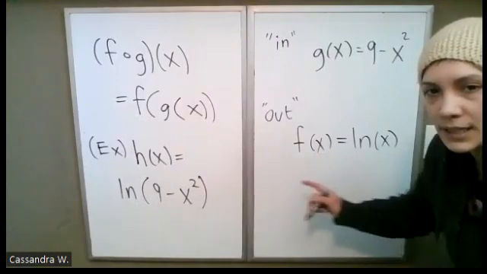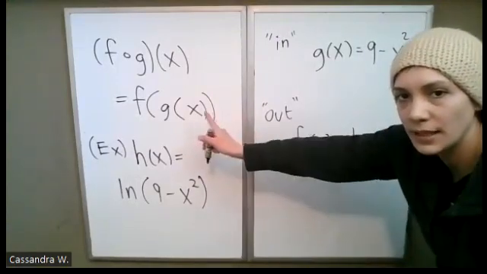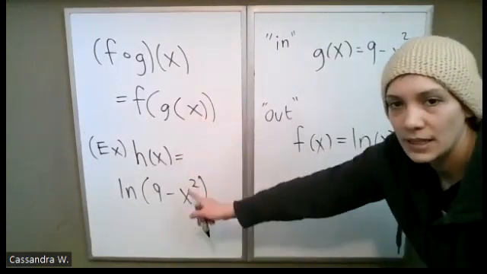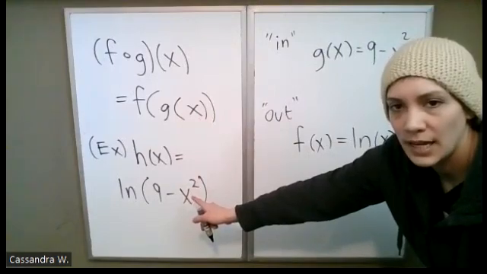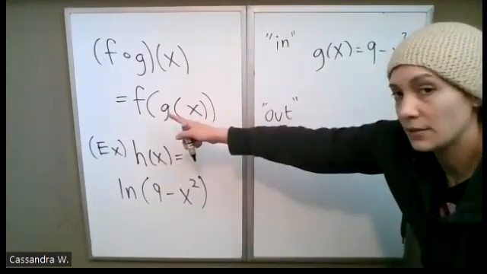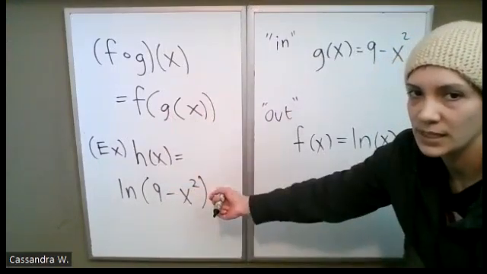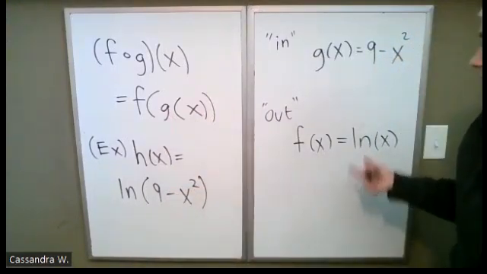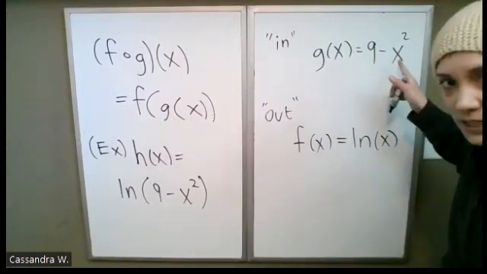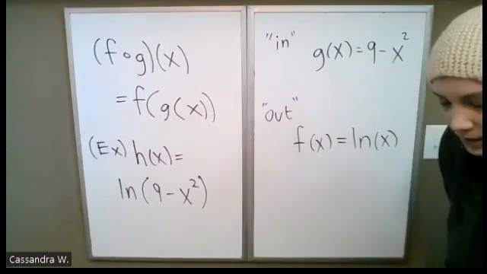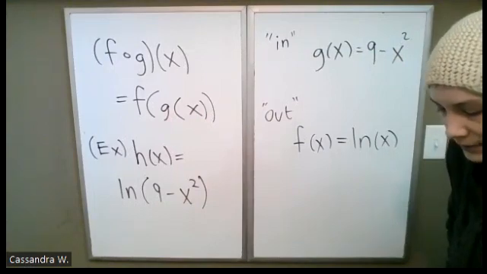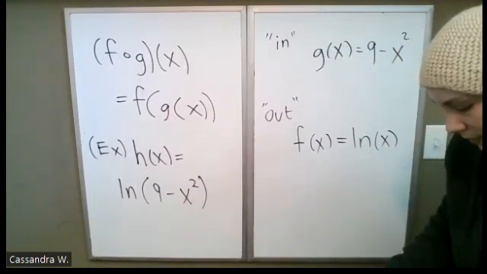So the inside function, g of x, is this part here. And then the outside function f is that part there, ln of whatever you put inside, which we're putting inside this function. Okay, and we have a theorem.